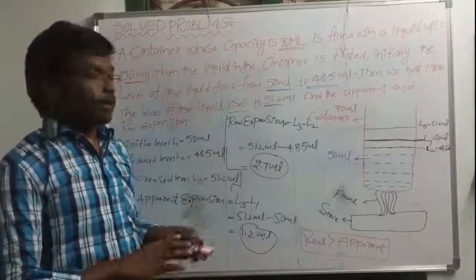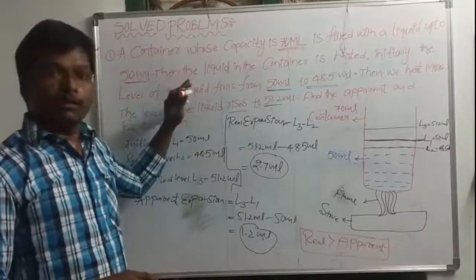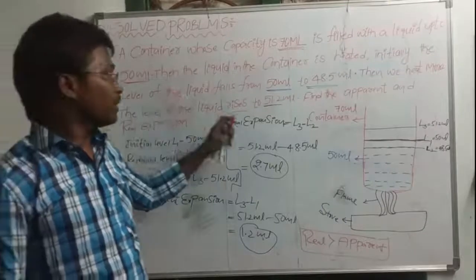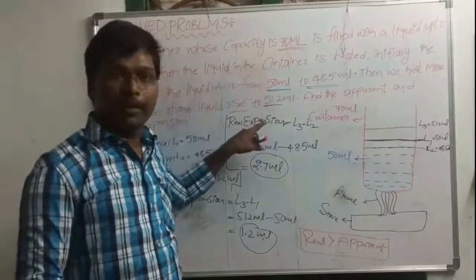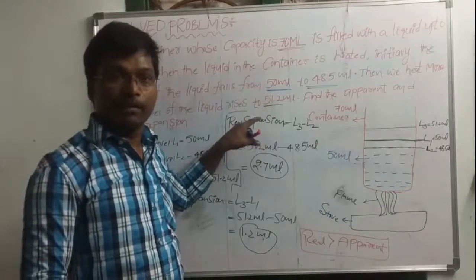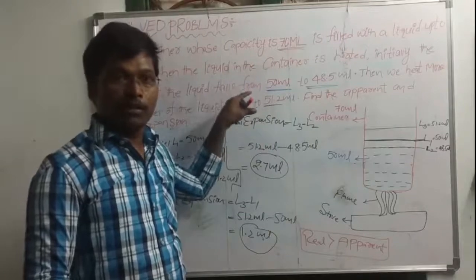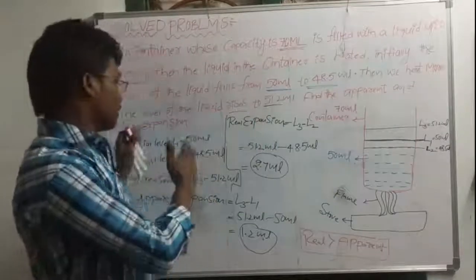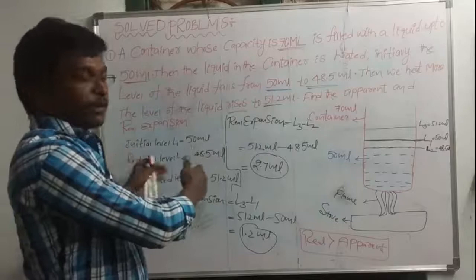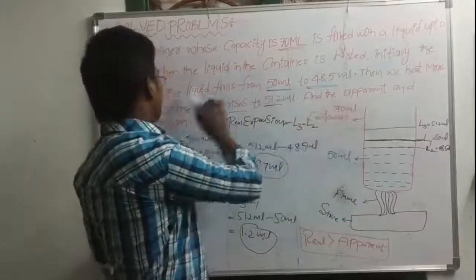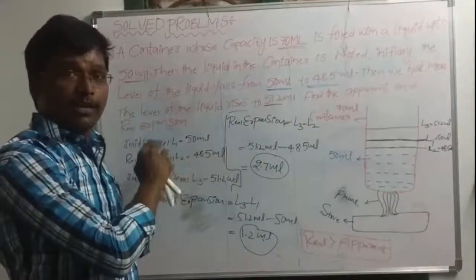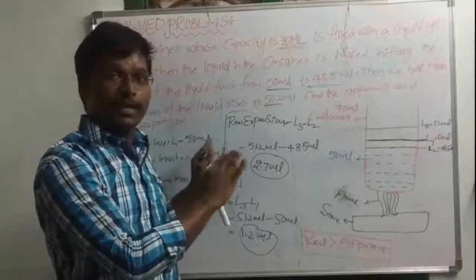Okay. Now he gave this question. By the use of that question, we prepared some data, what he mentioned in the question. After that, he asked apparent expansion and real expansion. So we know directly the formulas of apparent expansion and real expansion.